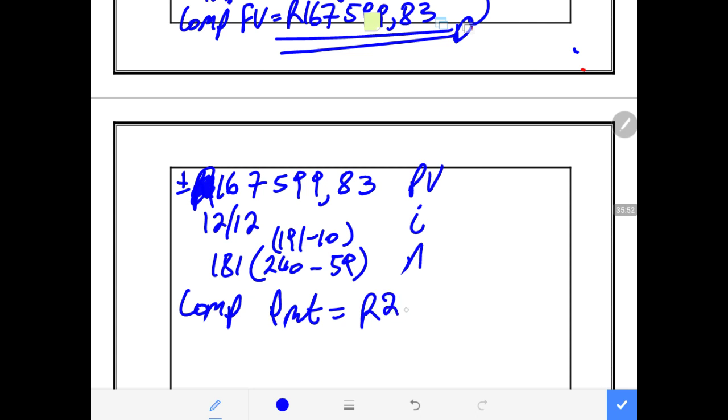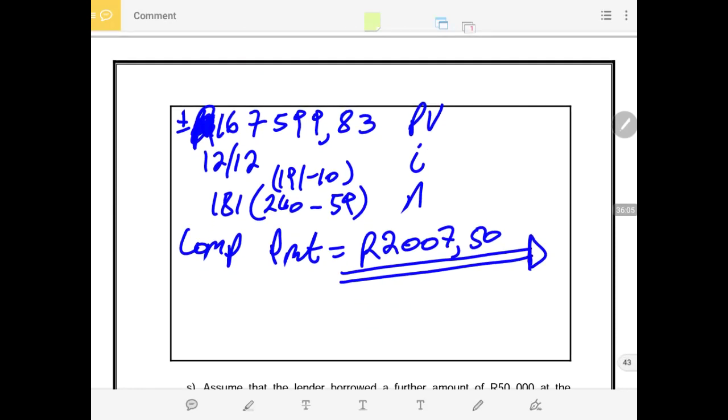So our PMT is changing to 2,007 rand 50 cents. The more payments you miss, the more your premium will increase when you resume the new payments, unless you want to change the term of the agreement.